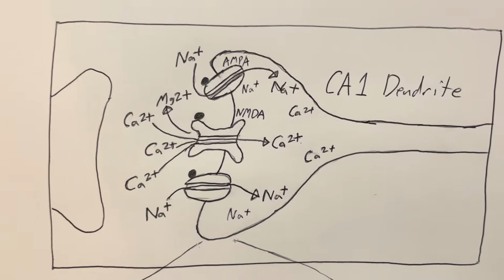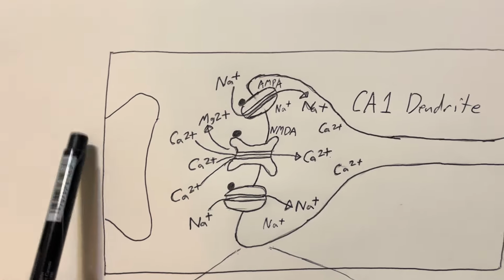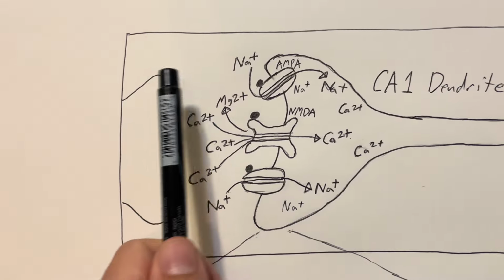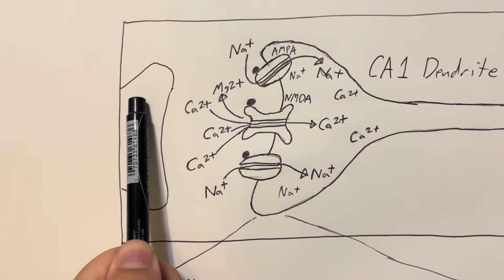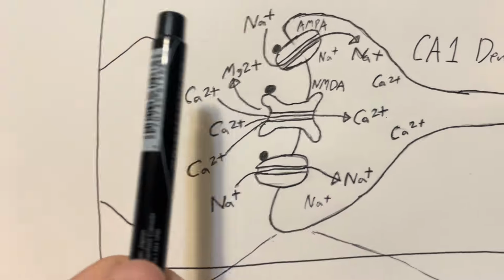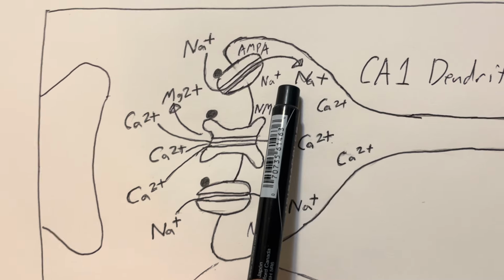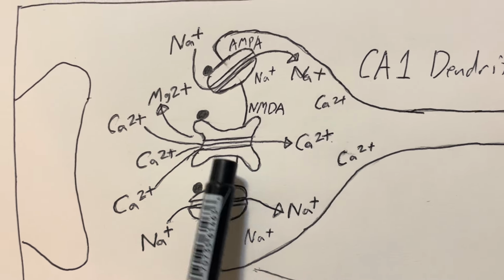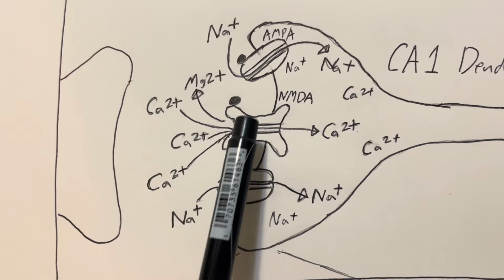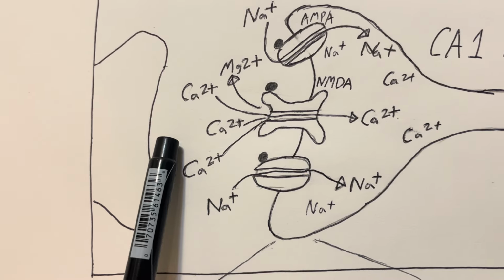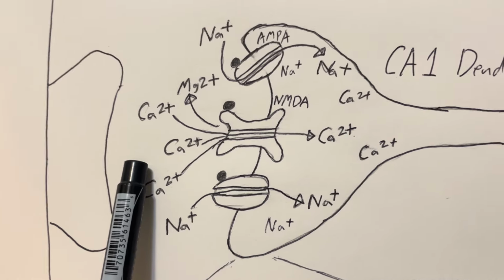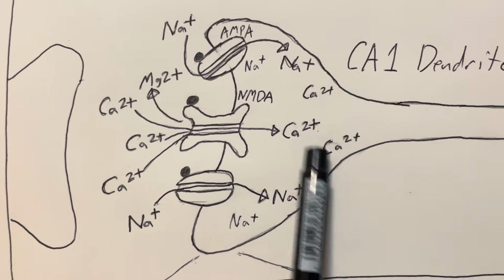So what happens is, if enough signals are being transmitted, if enough glutamate is being released from the presynaptic neuron and binds enough AMPA receptors for long enough, enough sodium is admitted to electrostatically repel the magnesium ion, which then opens up the NMDA channel. It can also let in sodium, but most relevant here, it can let in calcium ions.